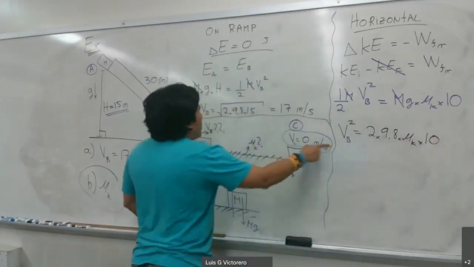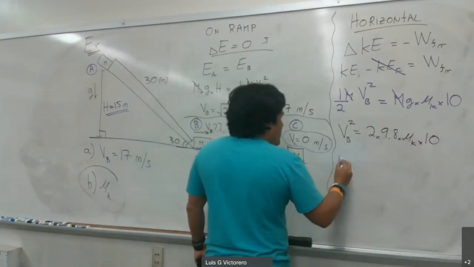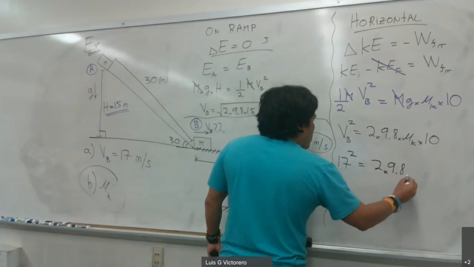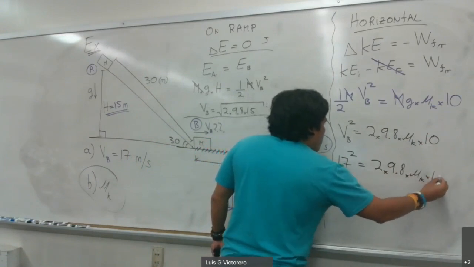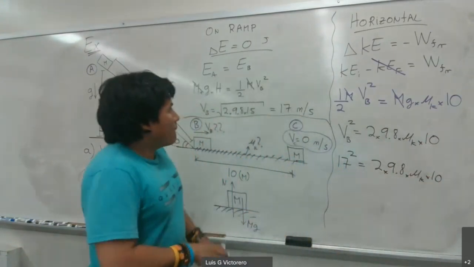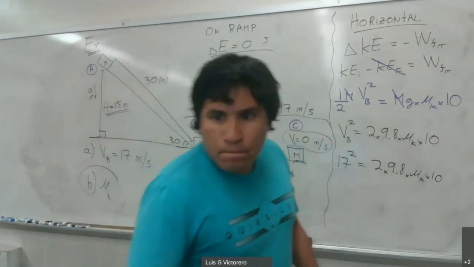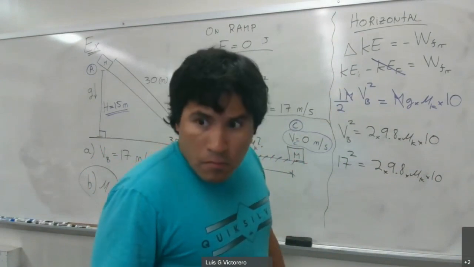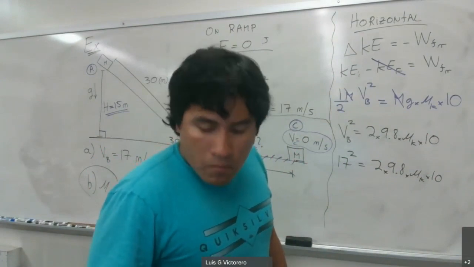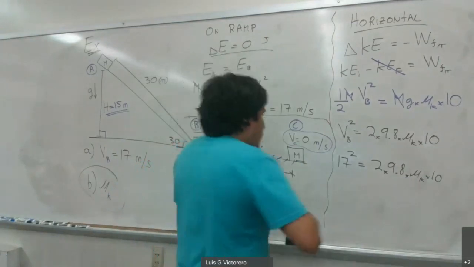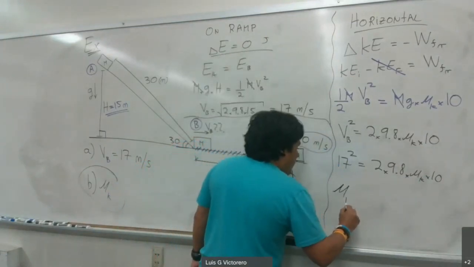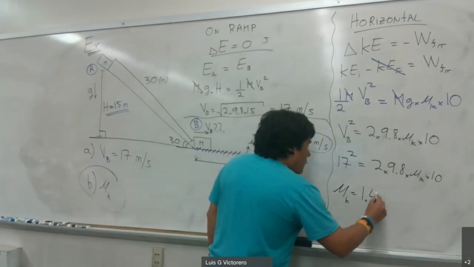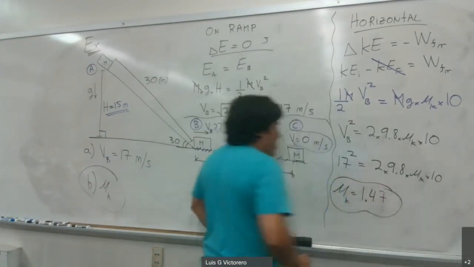But I have velocity v squared. Velocity v squared is 17 squared, right? So 17 squared equals 2 times 9.8 mu k times 10. Yep, that's what we have. We get a mu k of 1.47. That's mu.